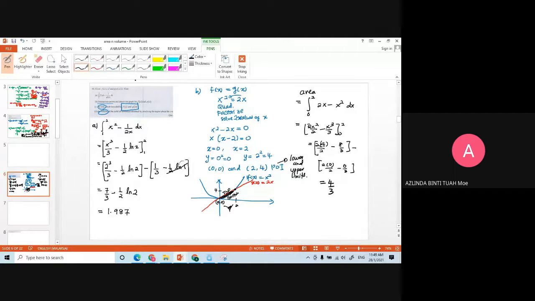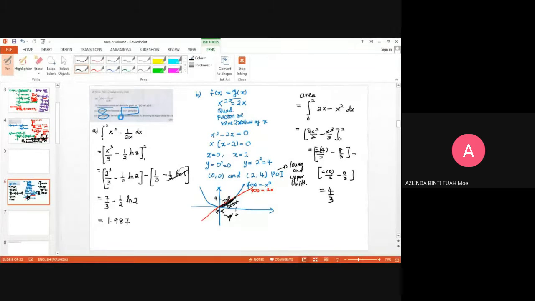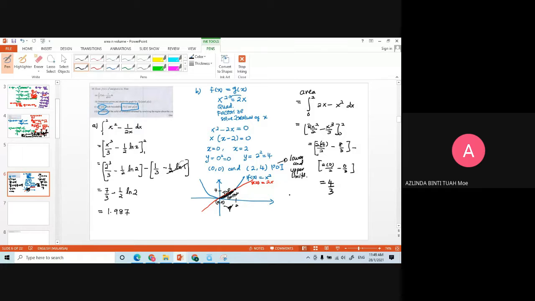Okay, this one, maybe the last one. Find the volume of the solid of revolution obtained by revolving the region about the x-axis. So, senanglah sebab tadi kita dah integrate with respect to x. Hanya guna sahaja function yang kita dah ada tadi. Dan letak sahaja pi di depan dan squarekan kita punya setiap satu function. It's easier now.